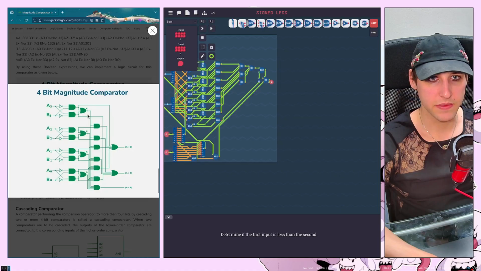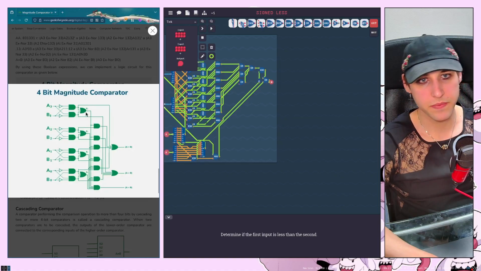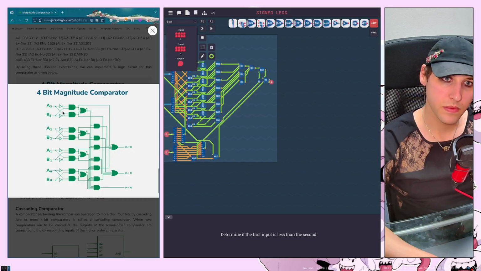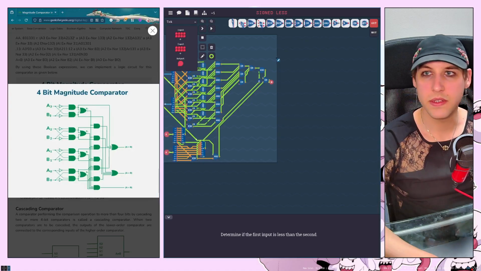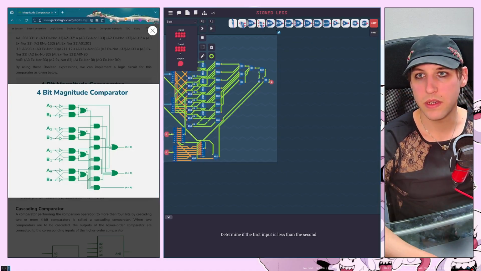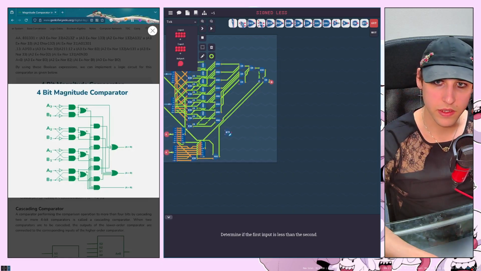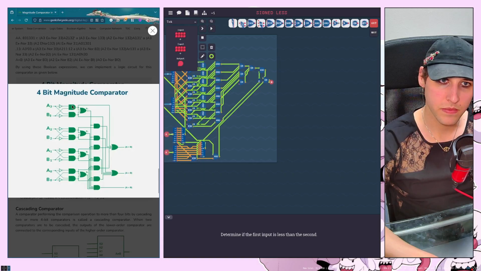This is cascading. You can see that. So what is this? It's using a NOR gate, right? This is a NOR. When it checks, using AND gates, the difference in these two.